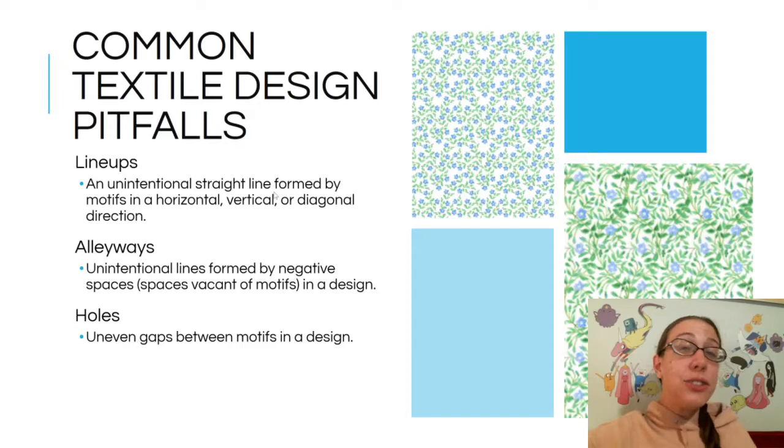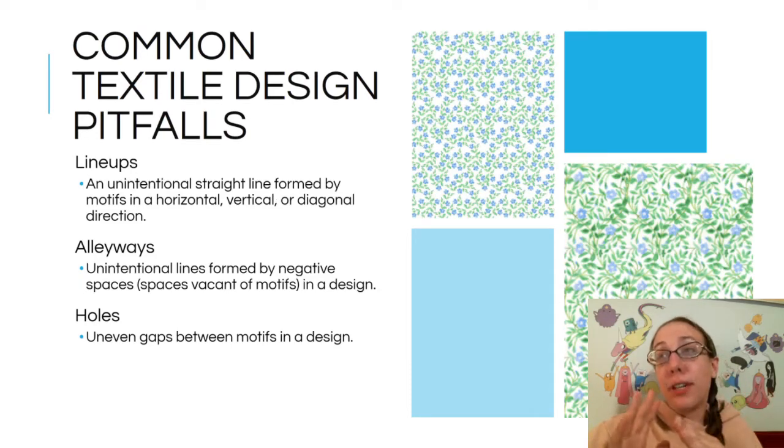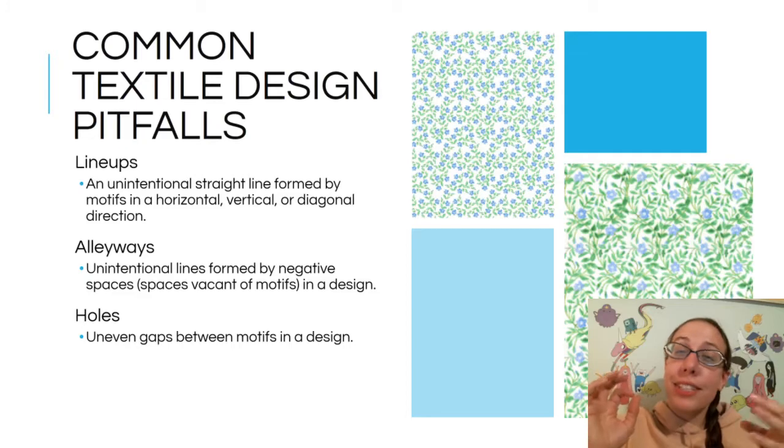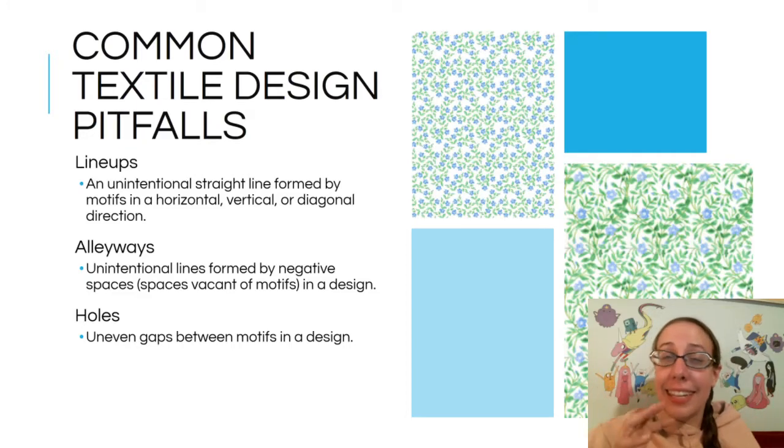These are things to avoid if you are making a super traditional textile design where you want everything to flow and you want the eye to move around the page and almost not realize that it is seeing a repeat. In traditional textile design, that is considered the most ideal textile design.